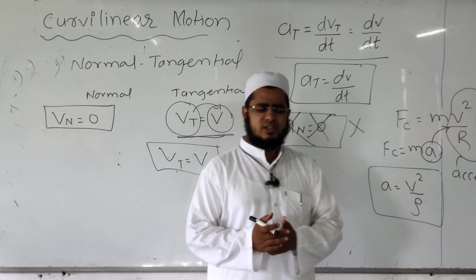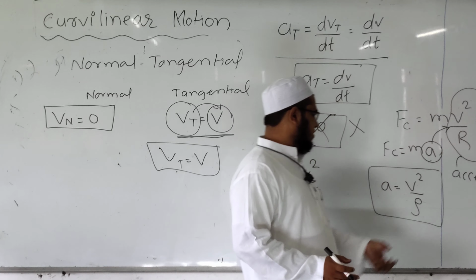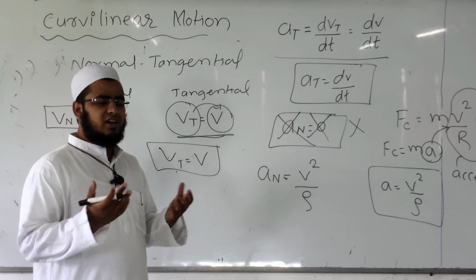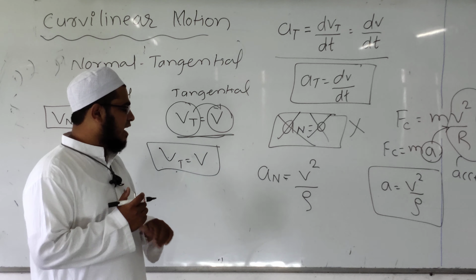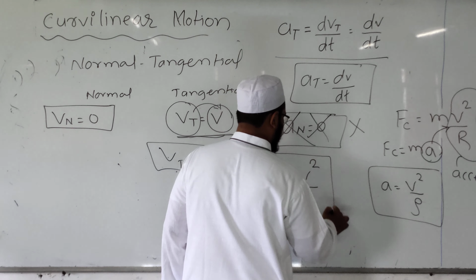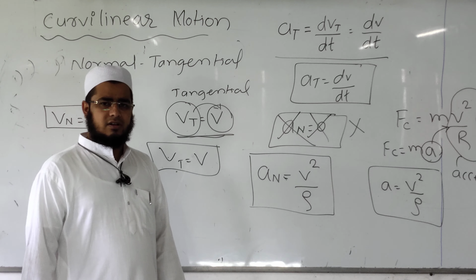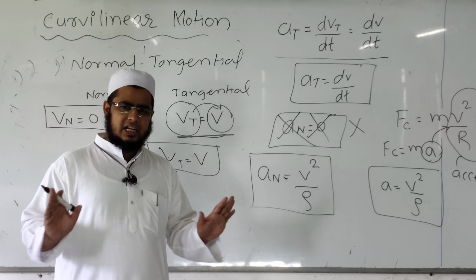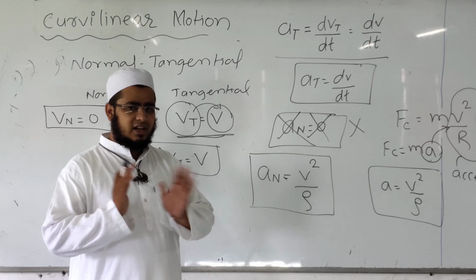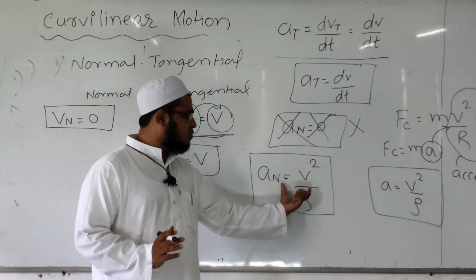Because in many mechanics books they have used rho instead of r for the radius of curvature. To have simplicity and avoid confusion, I am also using rho. an equal to v square by rho is the formula for normal acceleration. Apart from the mathematical expression, from the concept we can understand where an equal to v square by rho comes from.